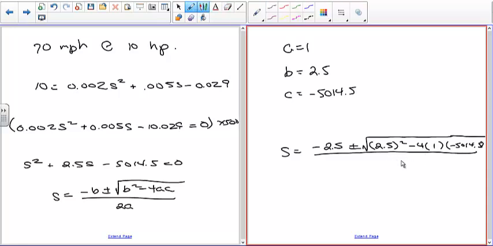So just divide by 2. So we'll get negative 2.5 plus or minus the square root of, so we get 2.5 squared inside the square root, minus 4 times 1 times negative 5,014.5.